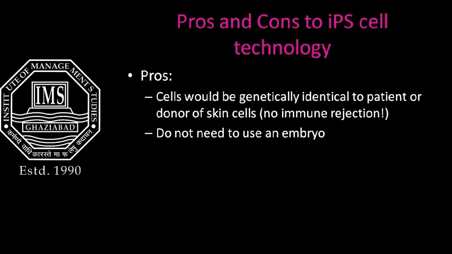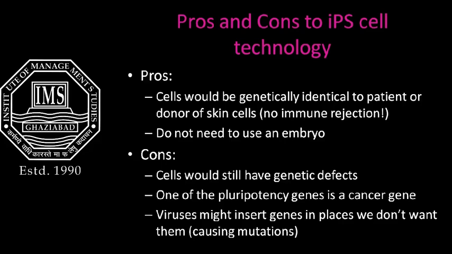So what about the demerits? Any cell created from a patient with a genetic disease as opposed to an environmentally caused disease would carry the same defective genes. So if a Parkinson's patient needed new motor neurons, iPS would not work because the stem cells would display the same symptoms. Another disadvantage is that one of the pluripotency genes is also a cancer gene.